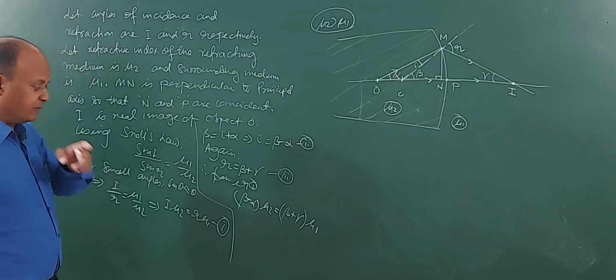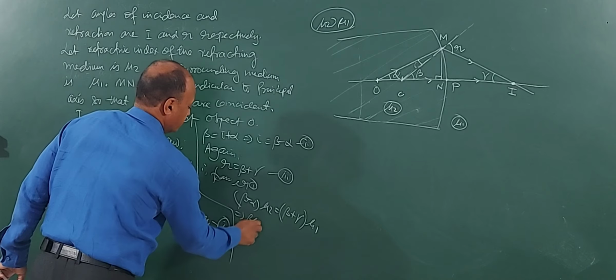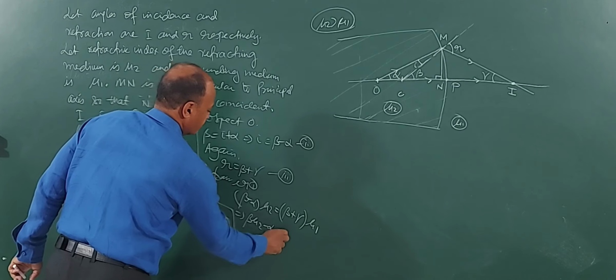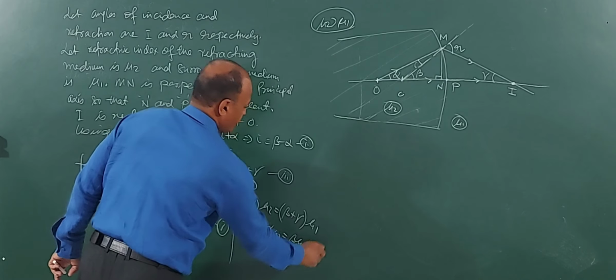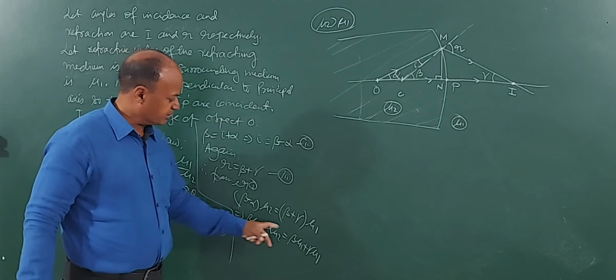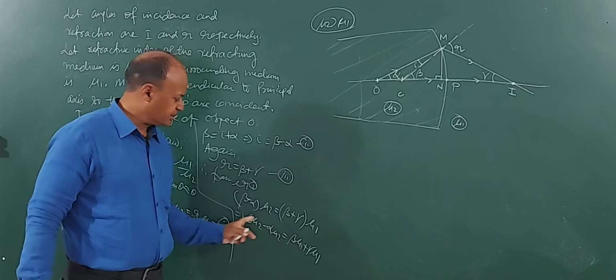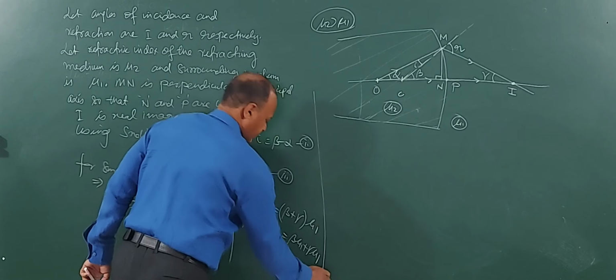Clear? Now if you open this bracket, what do you get? Beta mu2 minus alpha mu2 is equal to beta mu1 plus gamma mu1. I will take this beta term on the right and I will bring this gamma term on the left. So if I do so, what do I get?